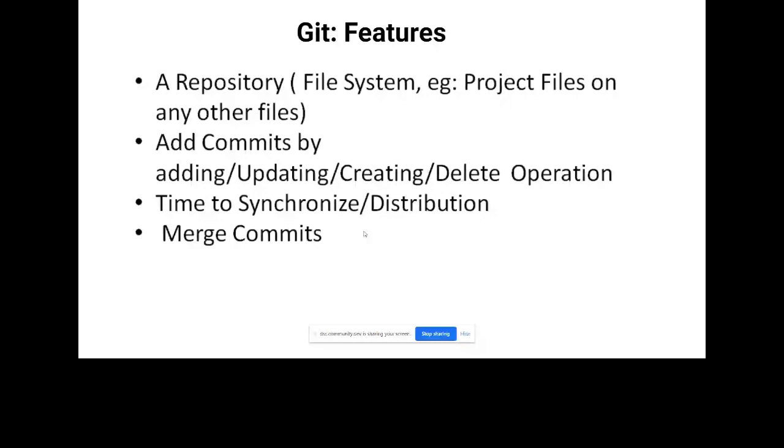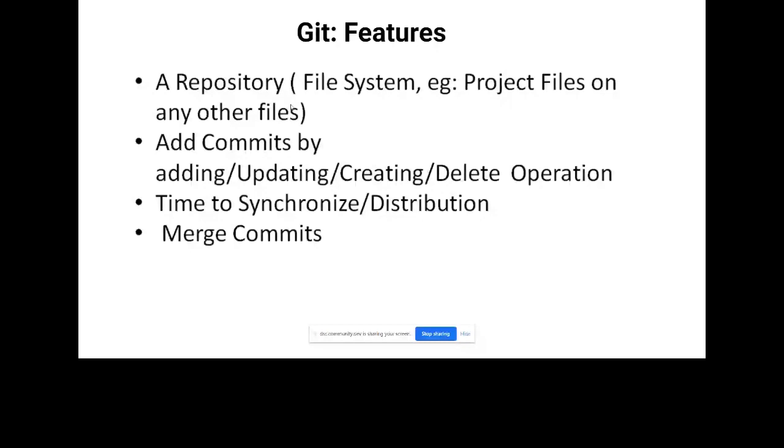What operations can you do on that particular file? You can do four operations, CRUD. I think you have studied CRUD: create, read, update, and delete. So you can create the file, read the file, delete it, and update it. Same as that, a repository is a file system where all your project files or your whole code base will be hosted.